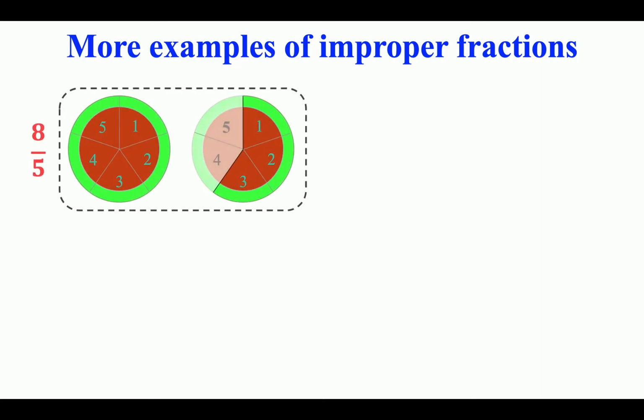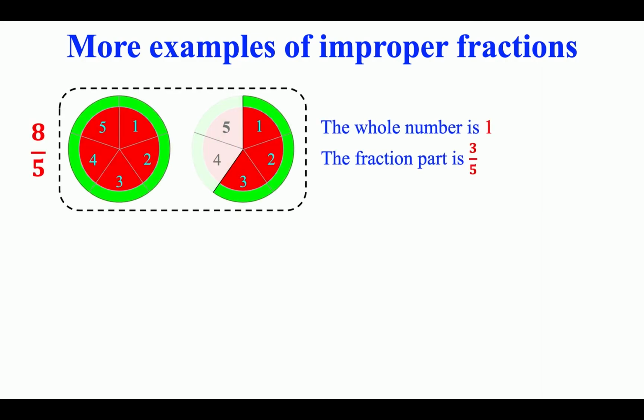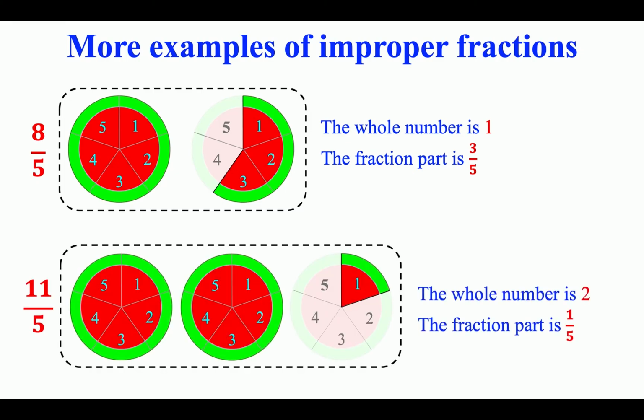More examples of improper fractions. 8/5, the whole number is 1. The fraction part is 3/5. 11/5, the whole number is 2. The fraction part is 1/5.